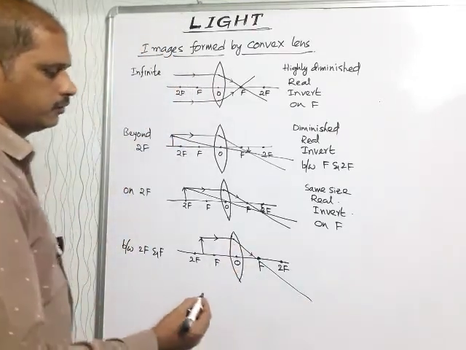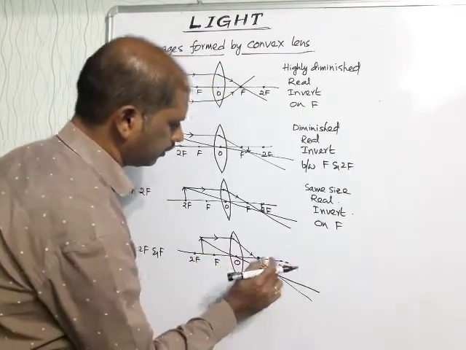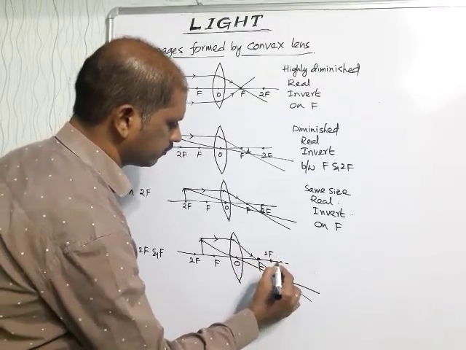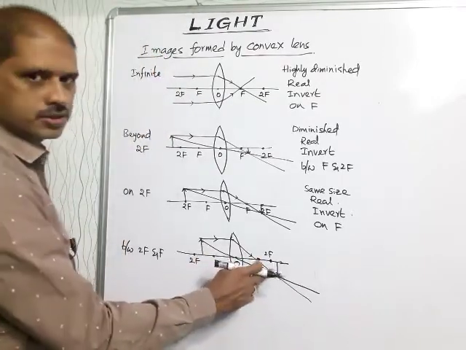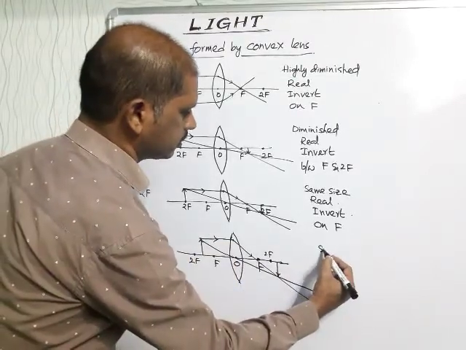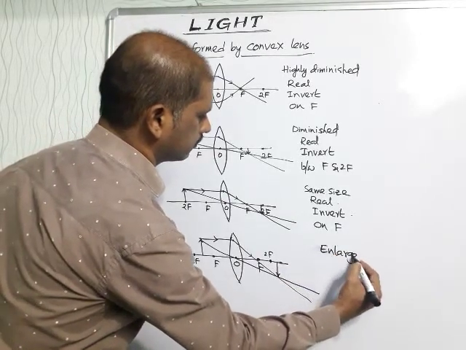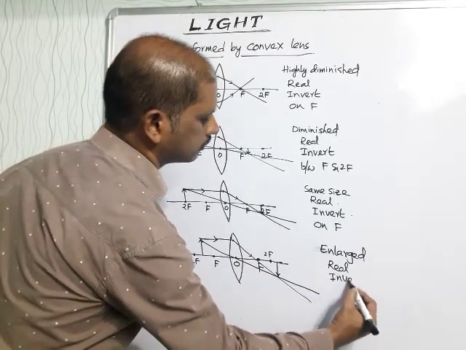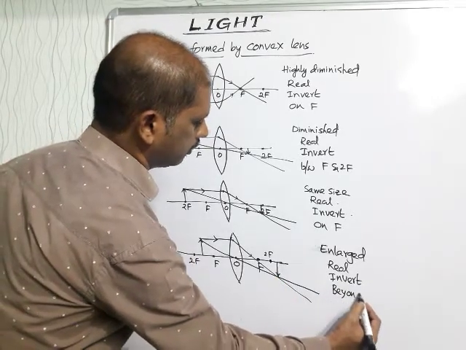Next, one more ray passing through the optical center I will take. So here the image will be formed. If this is 2f, the image is formed here. You can see that the size of the image is a little greater than the size of the object. So an enlarged image is formed. This is also real and inverted. The image is formed just beyond 2f.